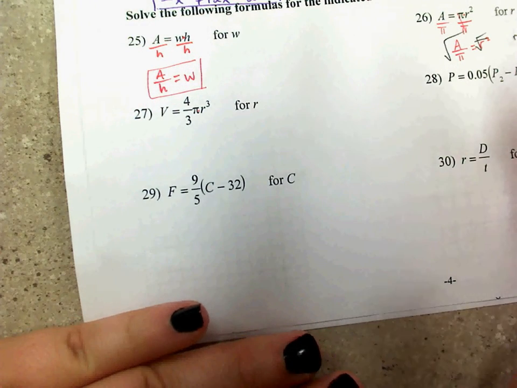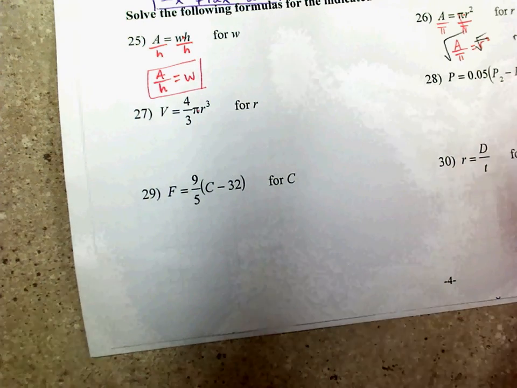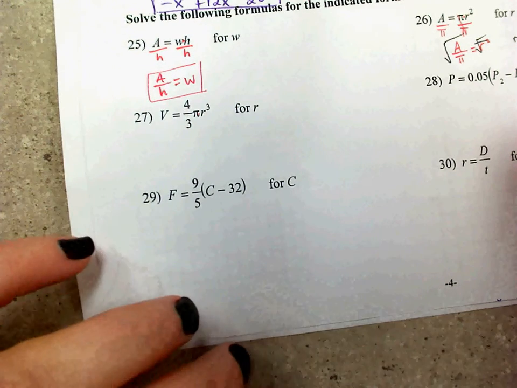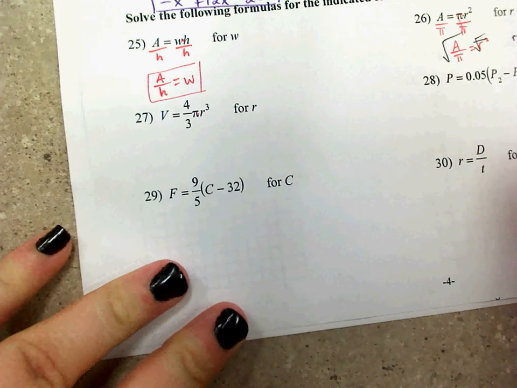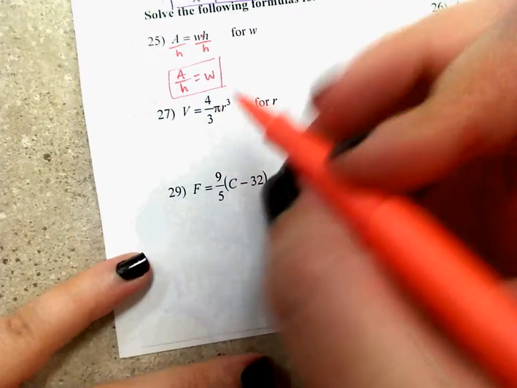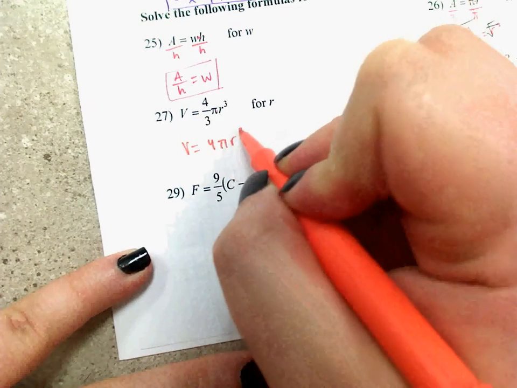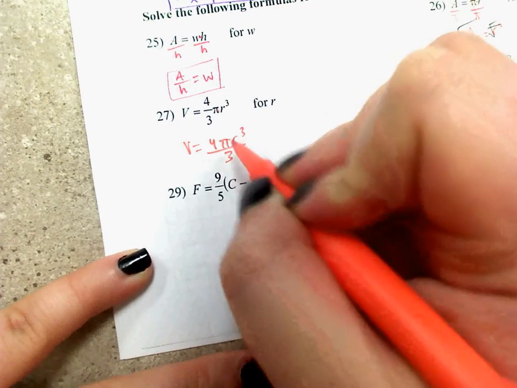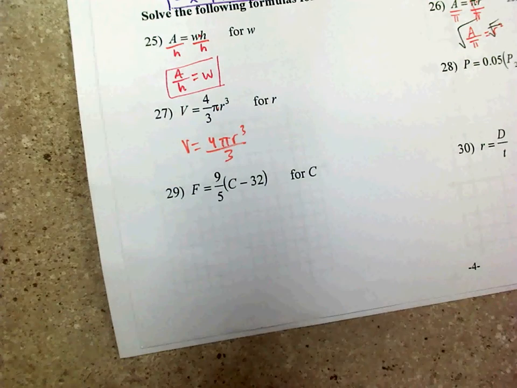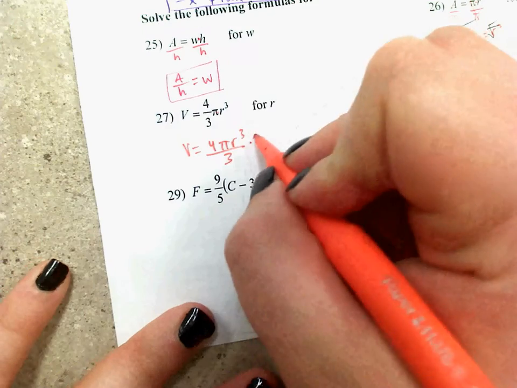So if we've got 4/3 pi r cubed, you could think of it as volume equals 4 pi r cubed divided by 3, because technically multiplying all of this by 4/3 is multiplying it by 4 and dividing by 3. The opposite of dividing by 3 is to multiply by 3. So I would multiply both sides by 3. And then you're multiplying r cubed times 4 pi, so you'd want to then divide by it. So 3v equals 4 pi r cubed.